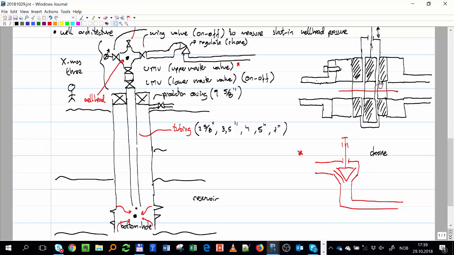And when you try to bring it down, you can damage it, you can actually scratch this seal surface that you have here. So usually when we open these valves, the pressure has to be balanced on both sides. That means if my well is closed, I have to increase the pressure somehow with a hand pump or something such that the pressure is balanced, and then I can open the gate valve.